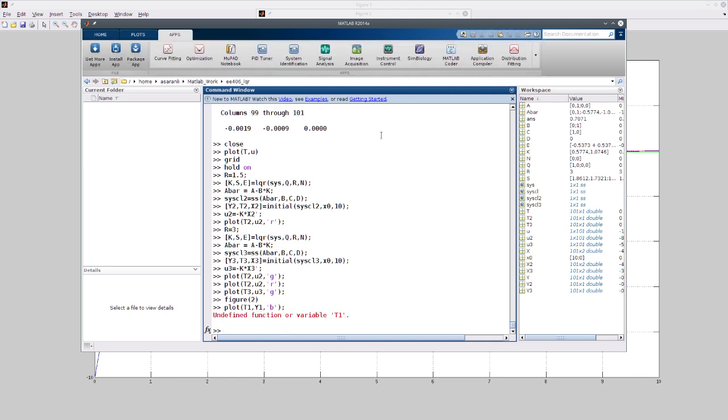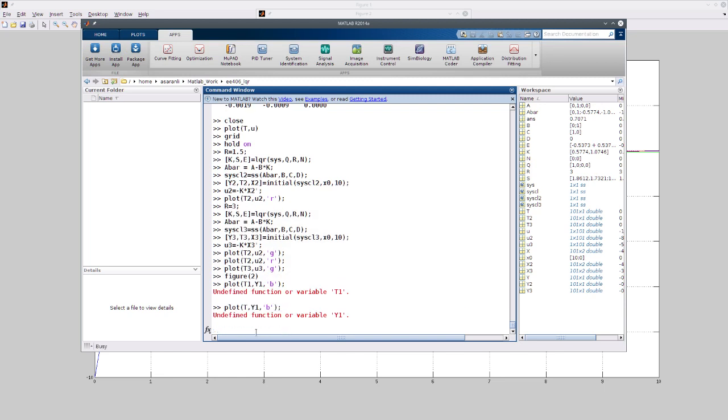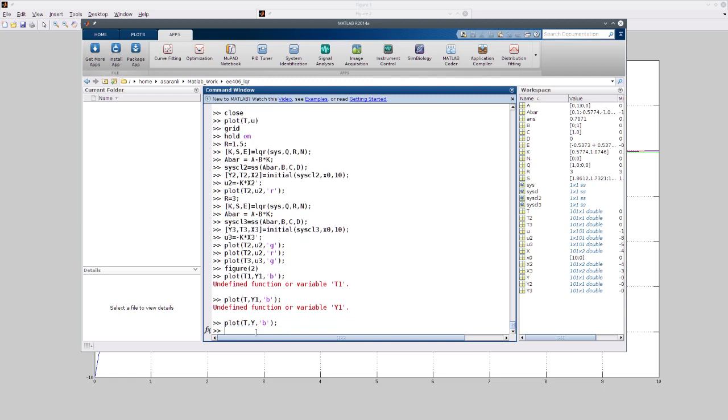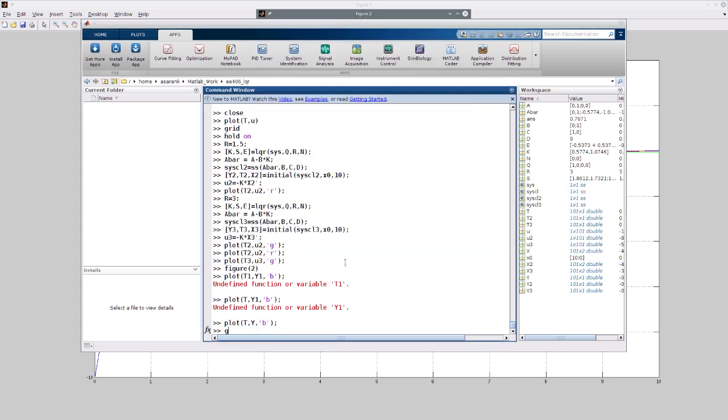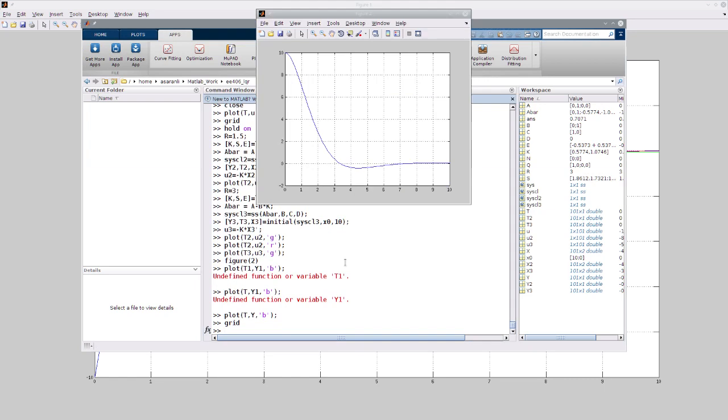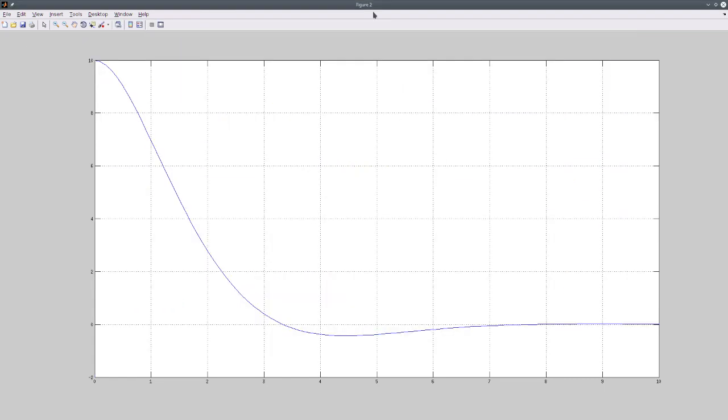Sorry, we don't have T1 or Y1, we have T and Y. Let me also put a grid on this. Okay, so this is the first system's response in terms of the first state.